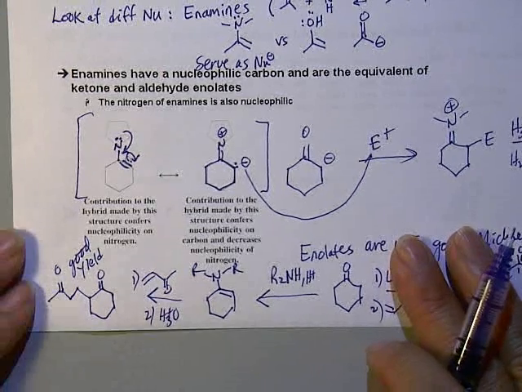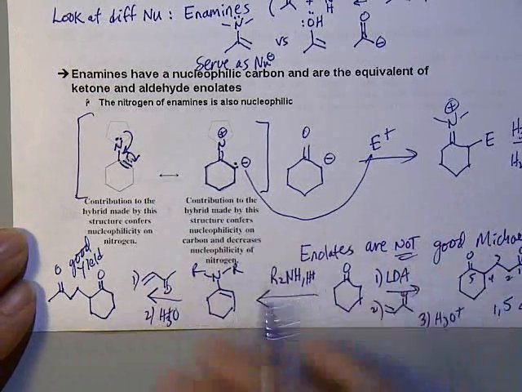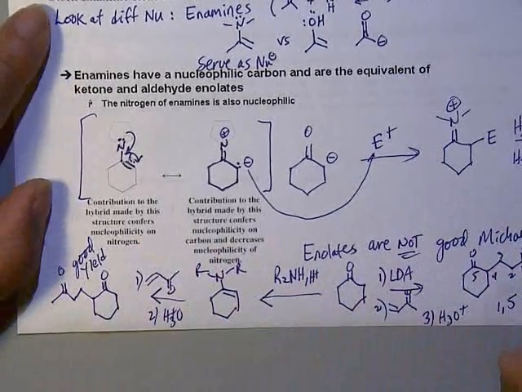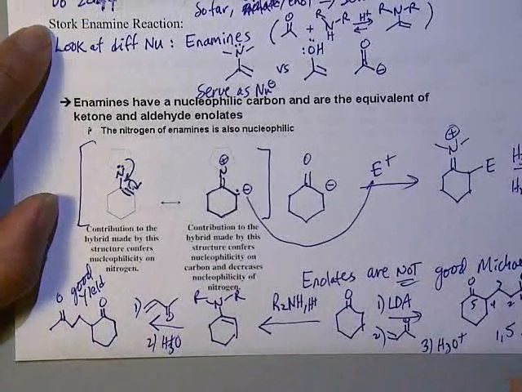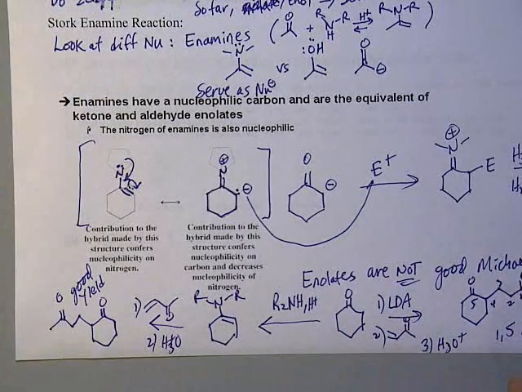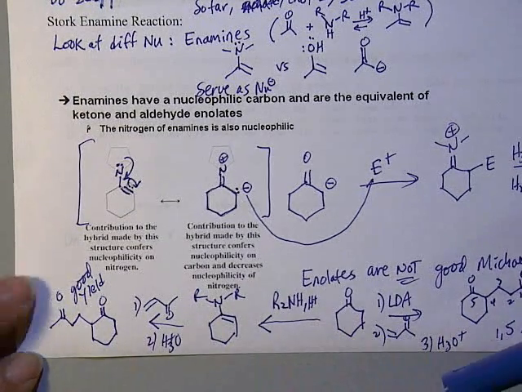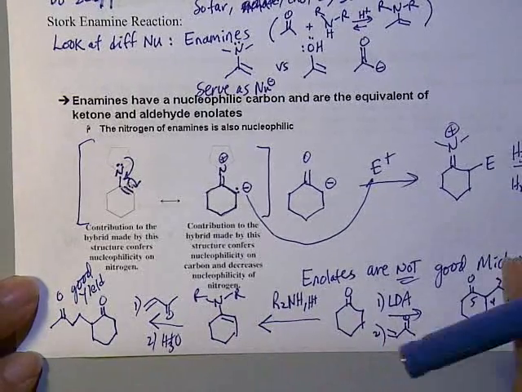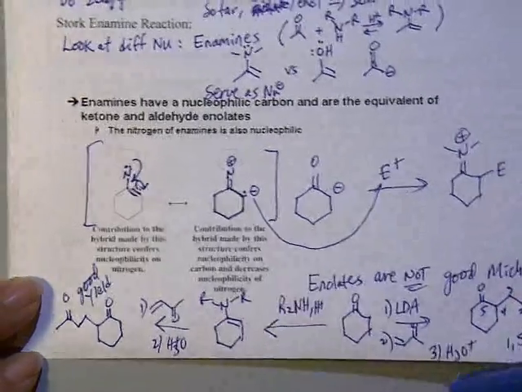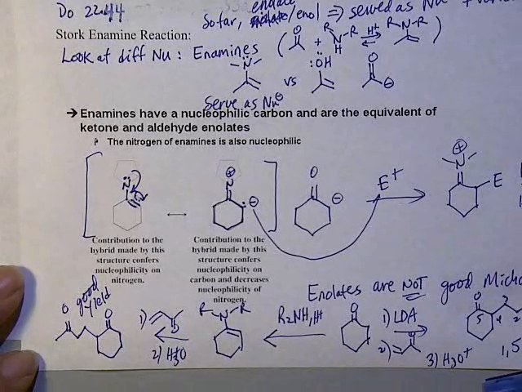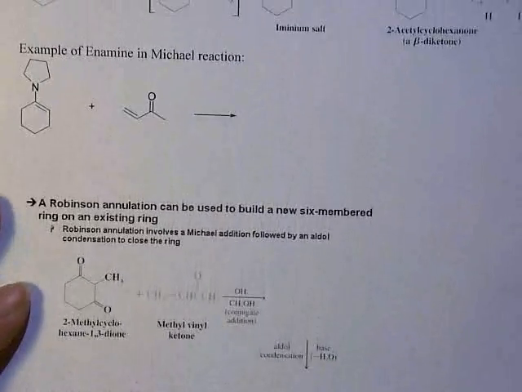All right, so that's why this reaction is very useful. And this reaction that we just wrote out has a special name called the Stork enamine addition reaction, because this is actually used a lot in synthesis. All right, so that is the advantage of using enamines.